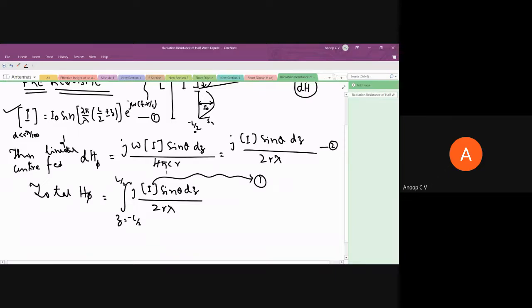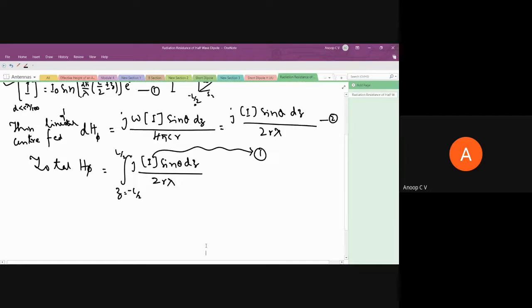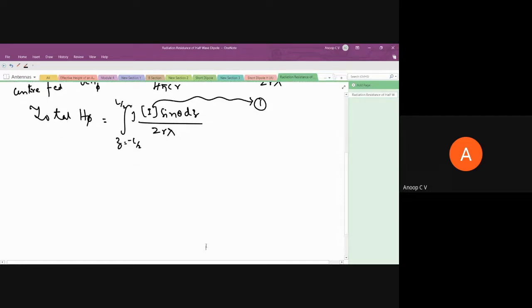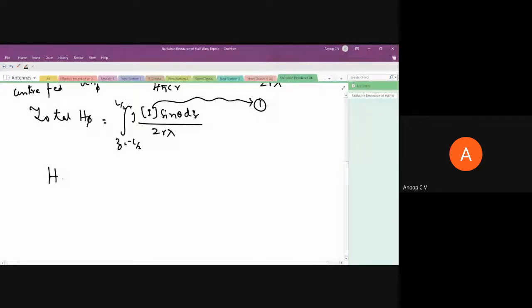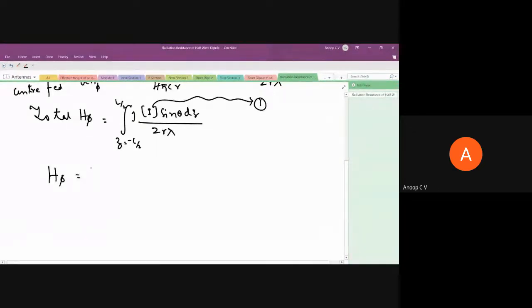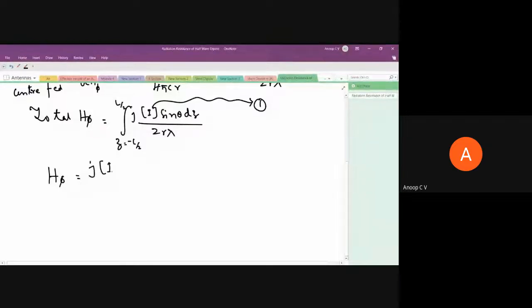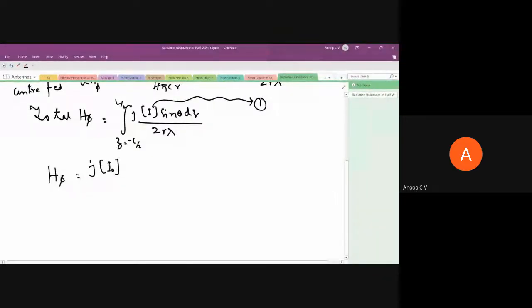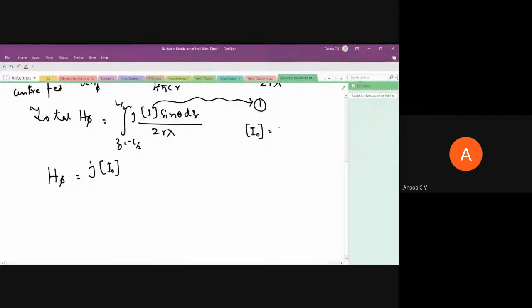If you do that, we will get, we even derived it in last class, but I'm just repeating it because it will give you continuity. Otherwise, you may wonder where this came from. So this H phi will be j I naught, where I naught within square bracket means I naught e power j omega t minus r by c.